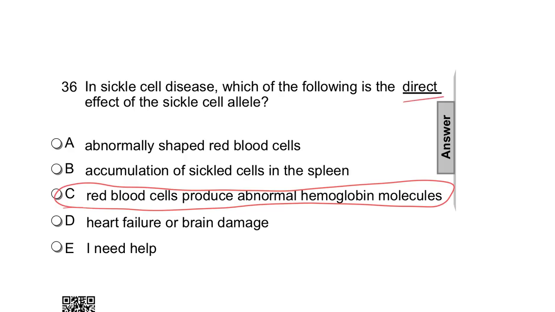The direct effect that causes all the other problems is that you made all your hemoglobin into a different, abnormal shape, so that when your oxygen conditions are low, the hemoglobin crinkles up.